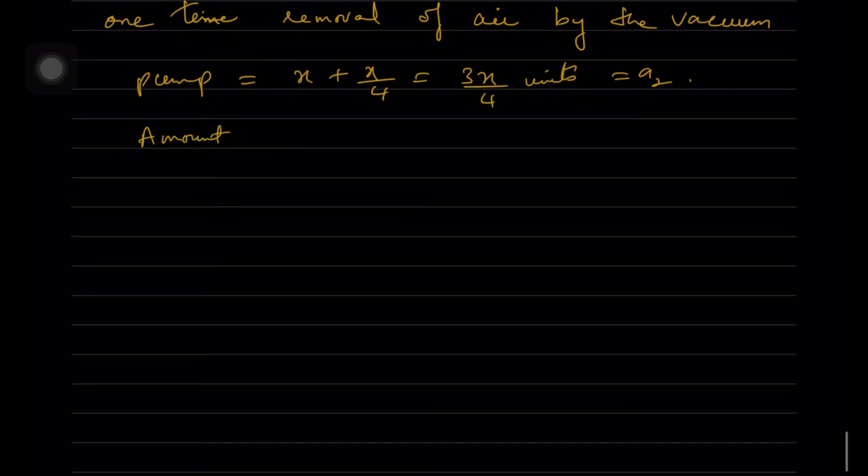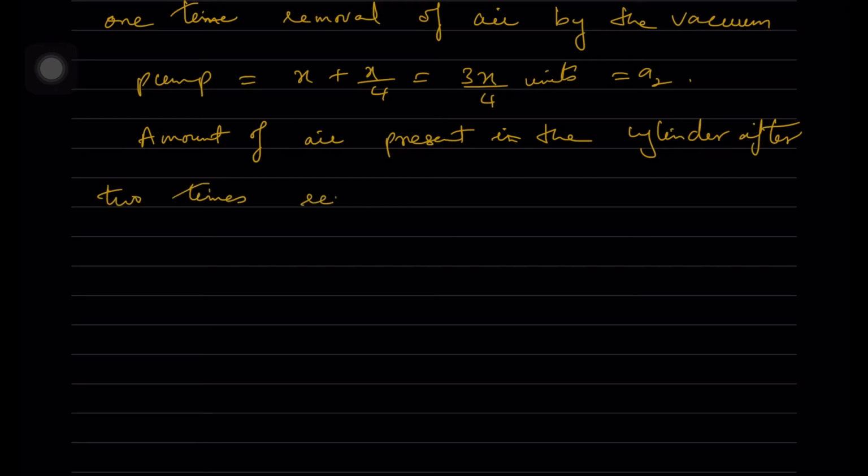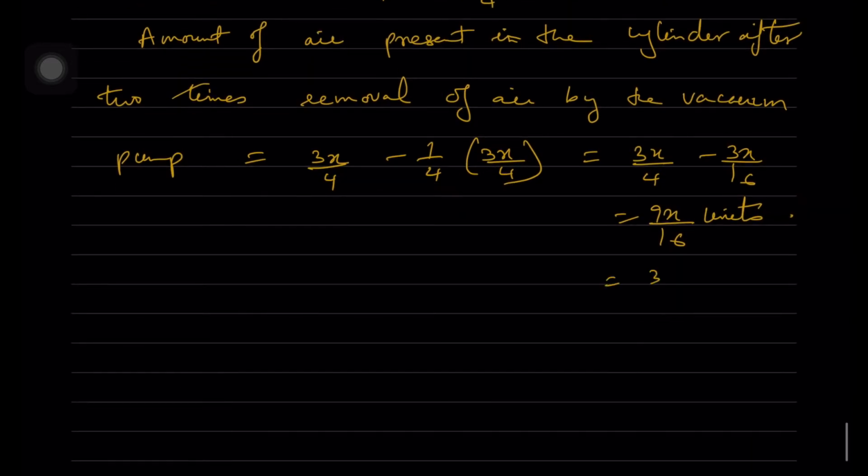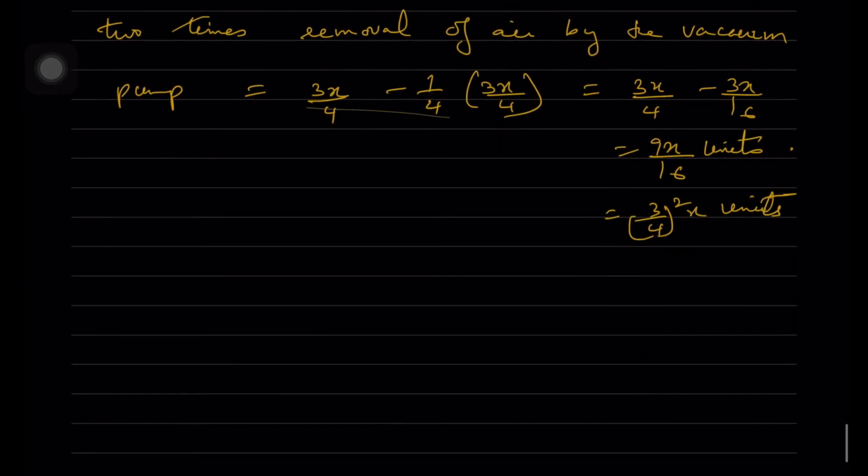Similarly, amount of air present in the cylinder after 2 times removal of air by the vacuum pump is equal to 3x by 4 minus 1/4 into 3x by 4, which is equal to 3x by 4 minus 3x by 16, which is equal to 9x by 16 units, or it is equal to (3/4) whole square x units.